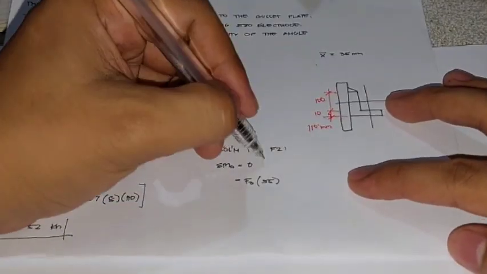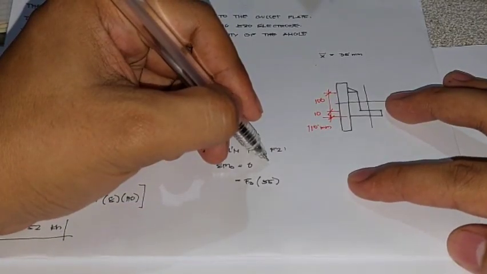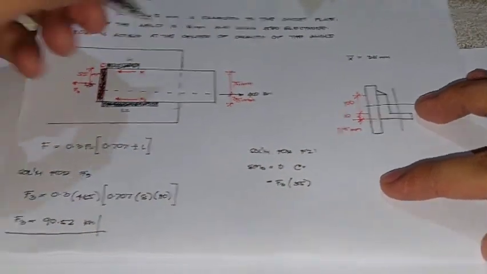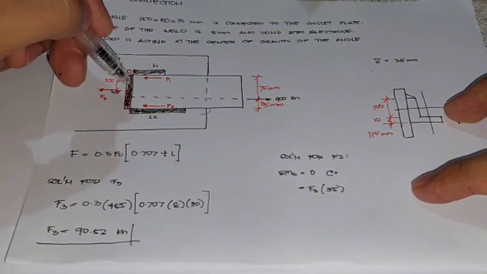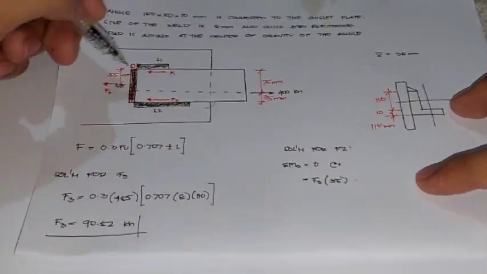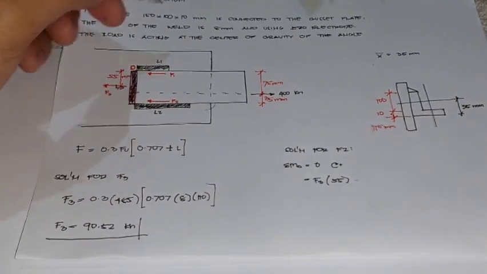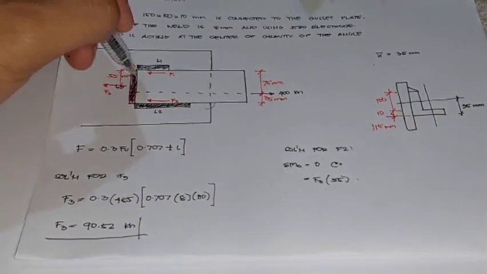Let's assume clockwise is positive. So F3 is clockwise, and F2 is clockwise too.